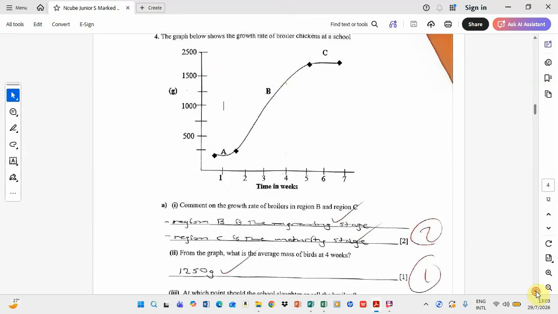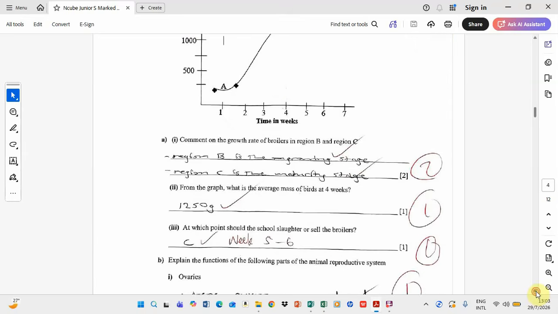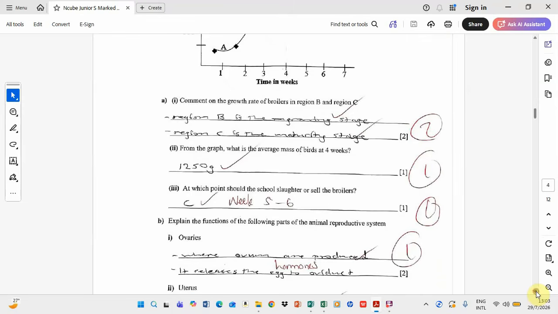So that was the mark. For you to get that one, you have to draw that dotted line to connect 4 weeks on the graph. Then also go on the side of the y-axis where the weight of the broilers are shown, right?